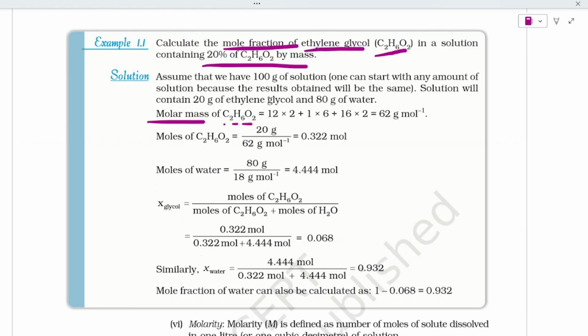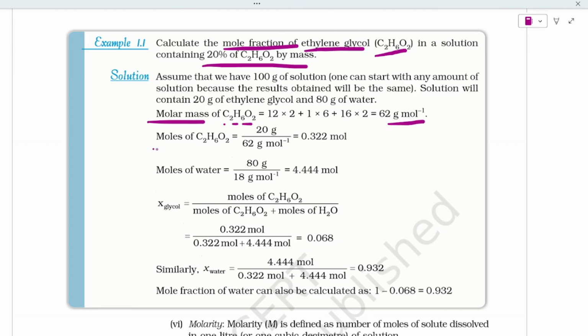Carbon is 12, hydrogen is 1, and oxygen is 16. Carbon has two atoms, so 12 into 2, hydrogen is H6, so 1 into 6, plus oxygen is 2, so 16 into 2. If you add all this, you will get 62, and the SI unit of molar mass is gram per mole.